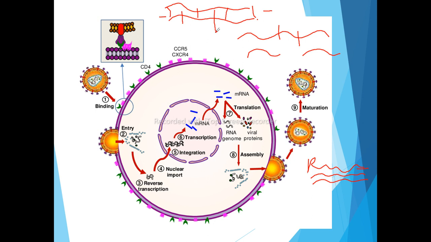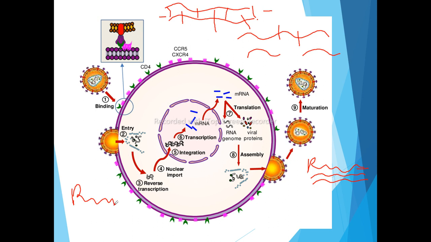Then we also have the env gene, which produces the glycoproteins, the GP120 and the GP41. Now these proteins are produced just as a single strand.